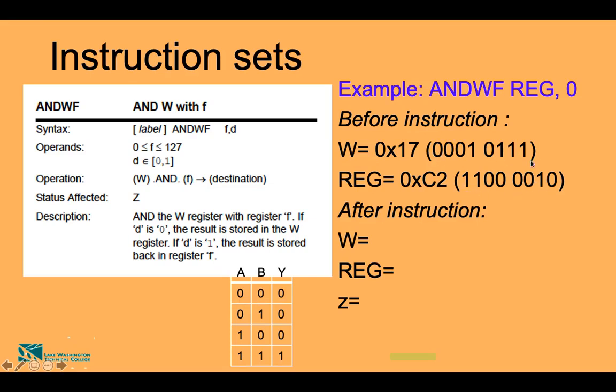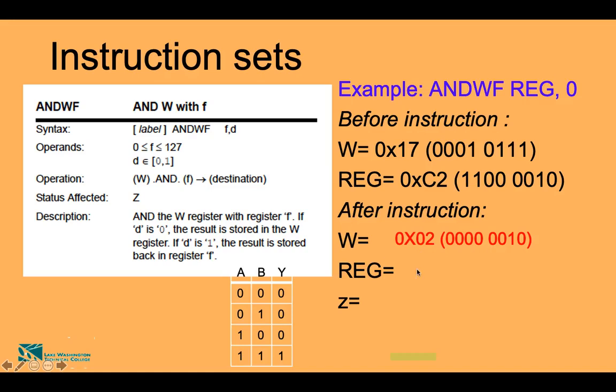After performing the AND operation and following this table, we will get the result, and that result is going to be saved into the working register, because we have 0 here, which indicates the result should be stored into the working register. So we have this result, 02 hexadecimal, stored in the W register.